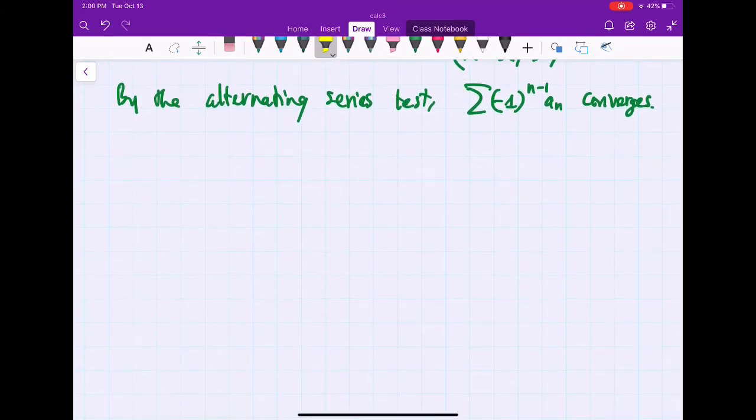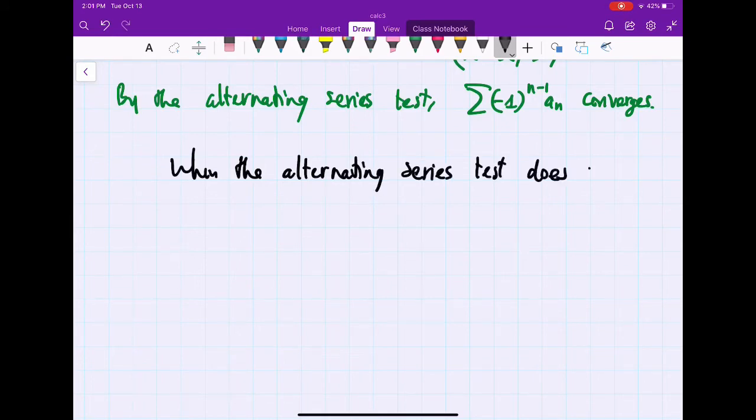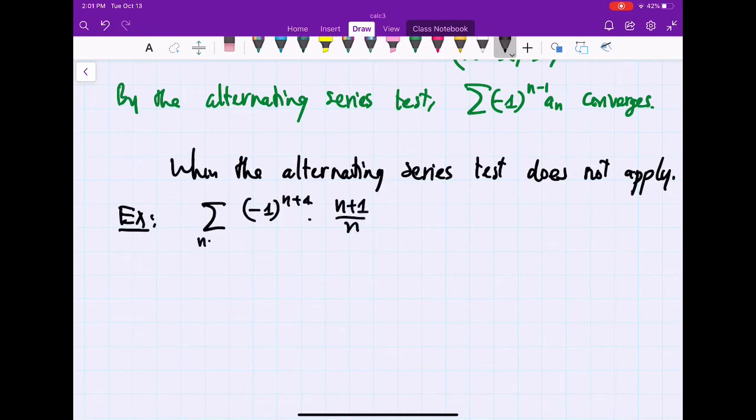All right, before we finish the video, let's consider some series where the alternating series test does not apply. Let's consider the series the sum from n equals 1 to infinity of (-1)^(n+1) times (n+1) over n.